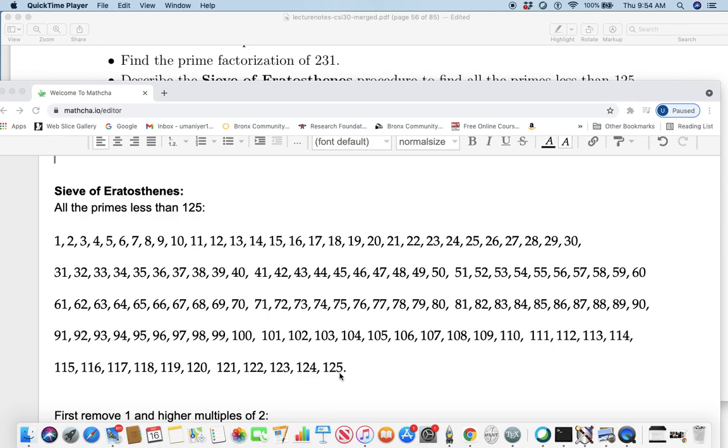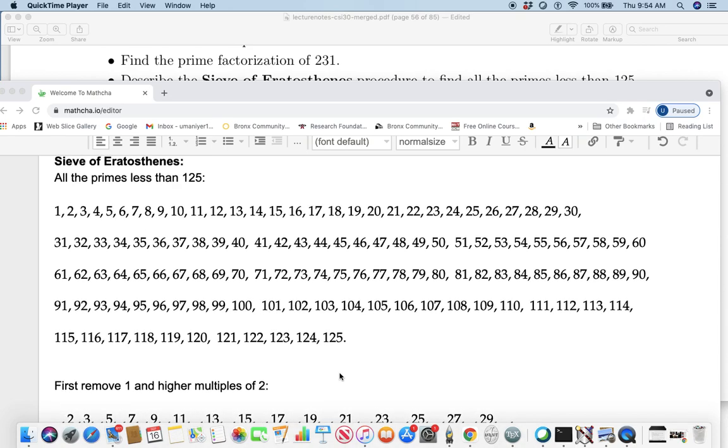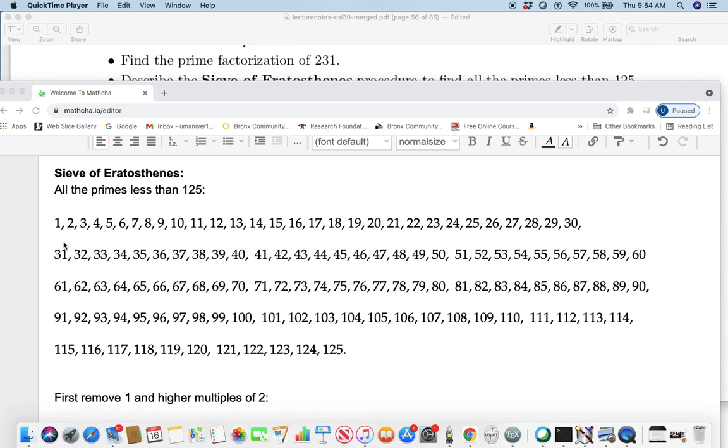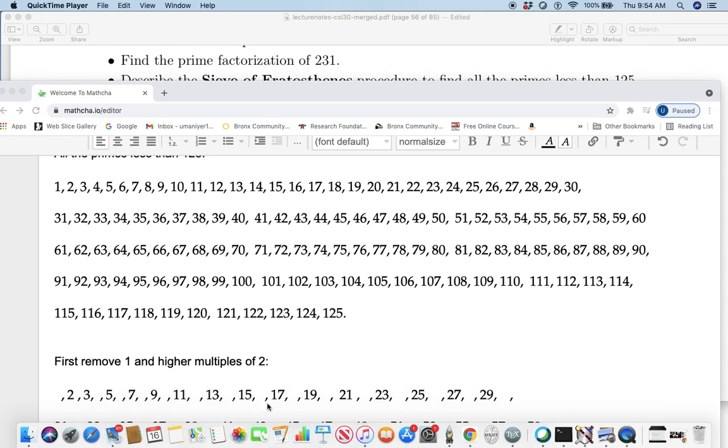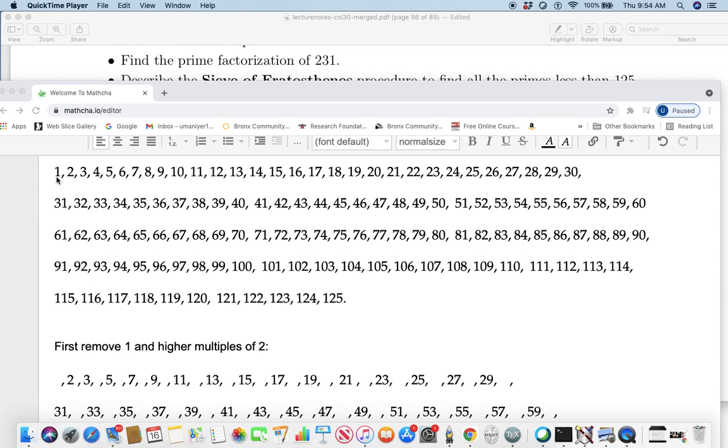What do we do? We first remove 1 because 1 is not a prime, and then remove higher multiples of 2. What does that mean? You remove 1, you keep 2, but remove higher multiples of 2. So 4, 6, 8, 10, and so on.